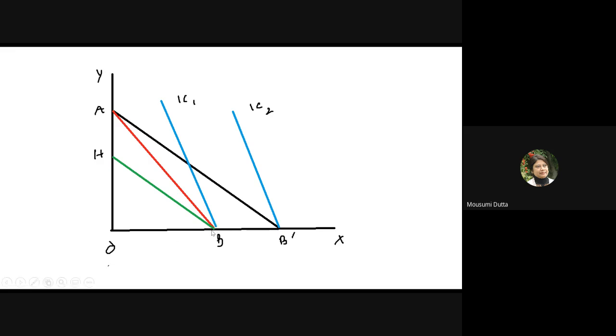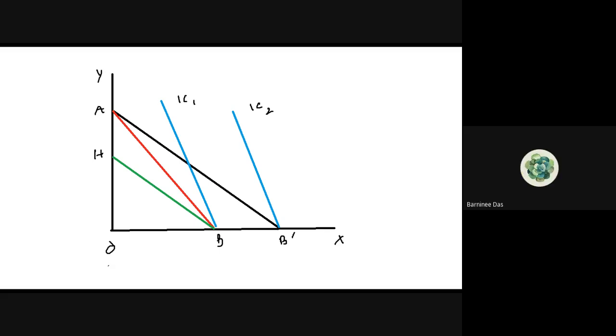Consumption will take place at the initial point B. So what does it mean? The substitution effect is 0. The entire price effect is the income effect only.